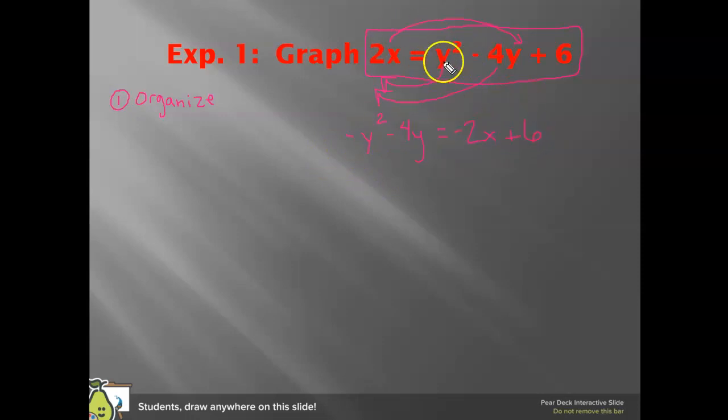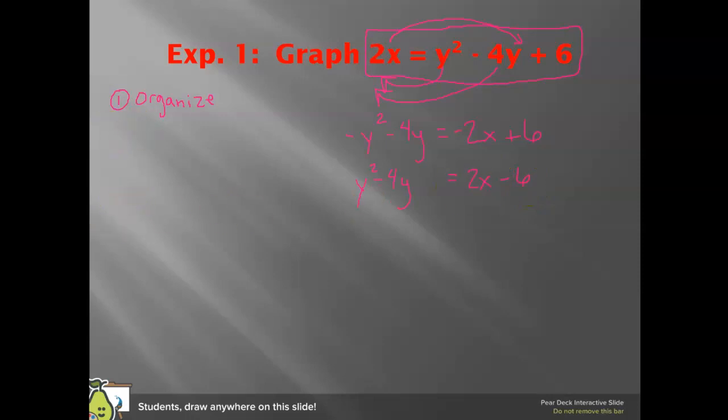Some people would rather at this point just move the 6 over to this side and then rewrite it so that the squared variables are on the left and the non-squared variables are on the right. So that's another way of thinking about doing the same thing, but we're organizing. So now I'm going to multiply everything by -1. So I end up with y squared minus 4y is equal to 2x minus 6. So I've gotten all of my stuff organized.